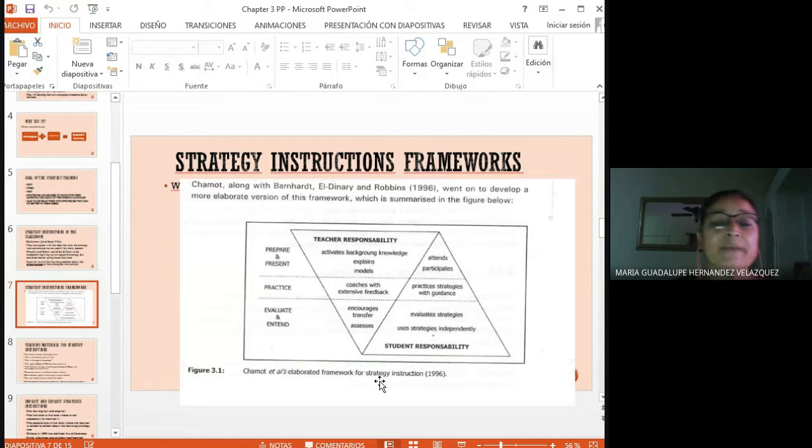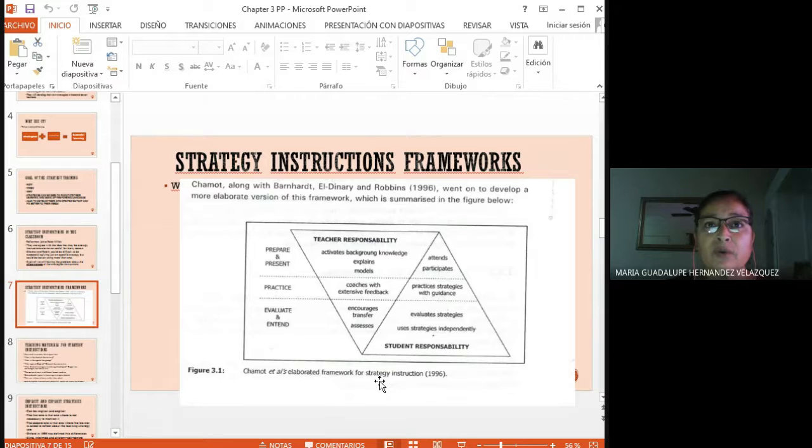Okay, what is the role according to the framework for Chamot's taxonomy? What is the role, or the responsibility, of the teacher? Okay, we as teachers need to prepare and present the strategies, or help them to choose the best for them, and practice with them as a coach.